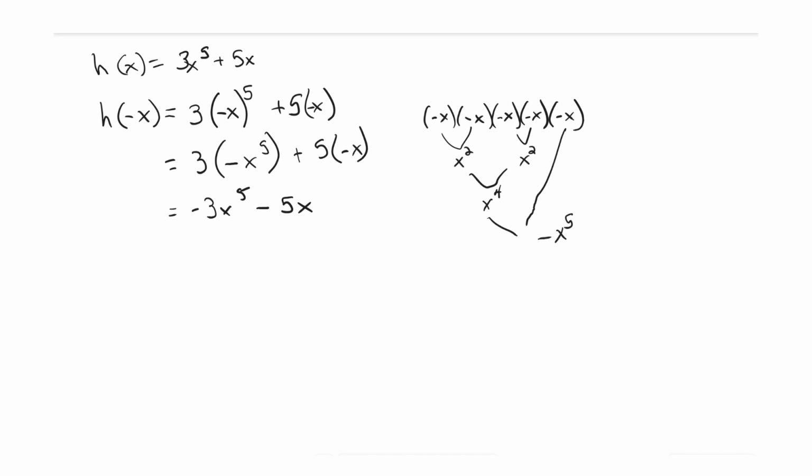What you may be noticing is that when we've plugged in the negative x, we actually get the negative of the original function. If instead of h of x, I want the negative of h of x, well, that just means I put a negative and multiply that by the function.